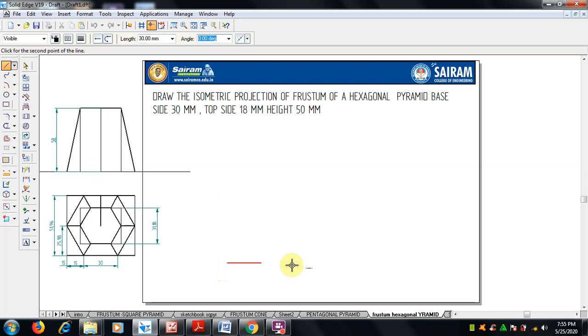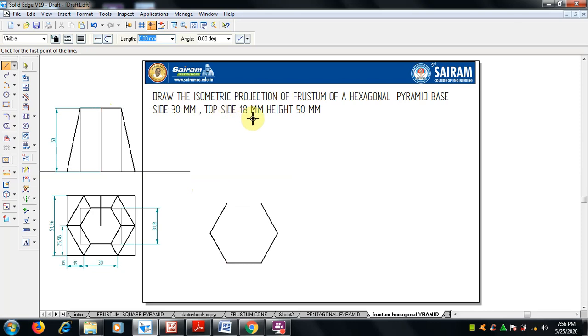So 30 mm at 0 degree, 30 mm next at 60 degrees, since it is 6 sides, so 360 divided by 6, okay, we know. 30 mm at 120 degrees, 30 mm at 180 degrees, 30 mm at 240 degrees, 30 mm at 300 degrees, right? This is the 30 mm side.